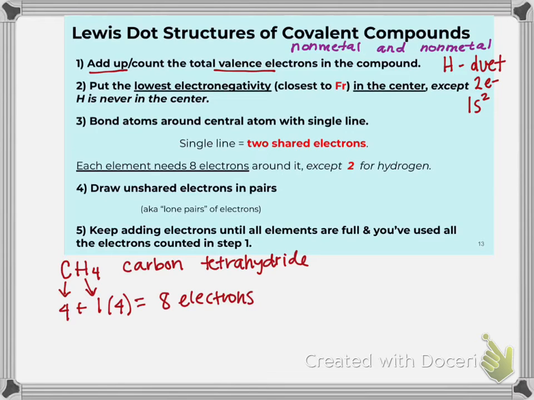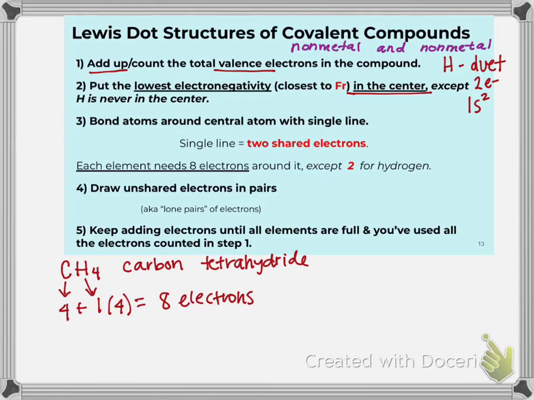So what you're going to do is decide who's going to be the central atom. The central atom is the one that's closest to francium and furthest from fluorine on the periodic table, and this has everything to do with electronegativity.